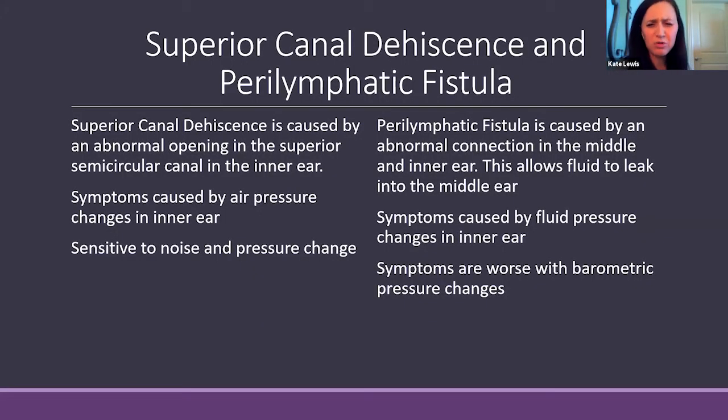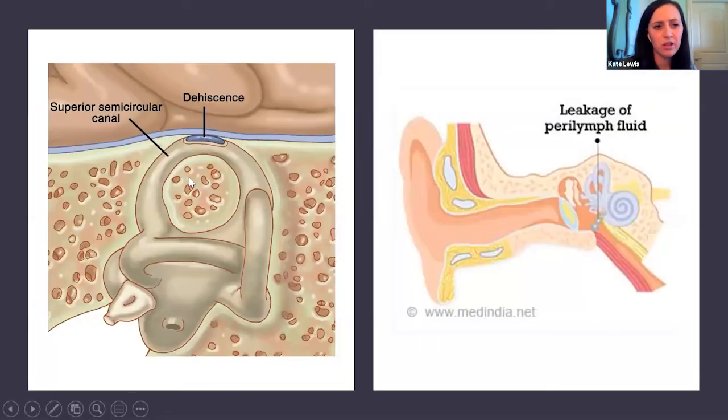These are rare, but I thought I would just talk about them. Superior canal dehiscence and perilymphatic fistula. Superior canal dehiscence is caused by a hole in the opening of one of those canals. So jump ahead. On the left, you can see this is a superior canal dehiscence.